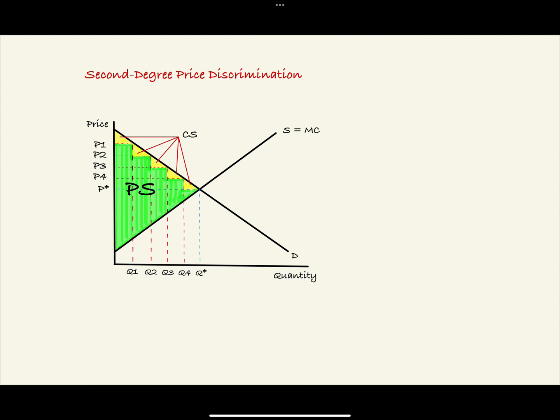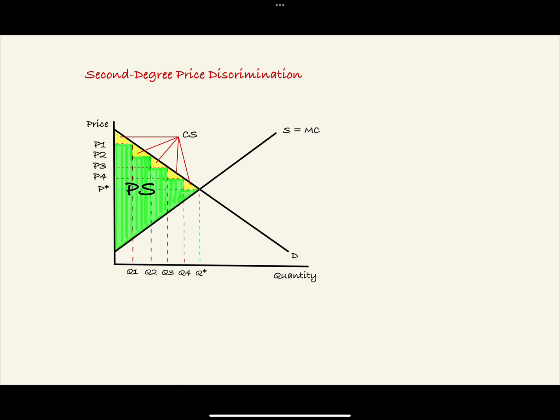When the consumer demands a quantity of Q2, they pay a price of P2. With the quantity of Q3, they are charged P3. With the quantity of Q4, they're charged P4. So we can see that as the quantity that the consumers demand increases, the price they pay decreases.